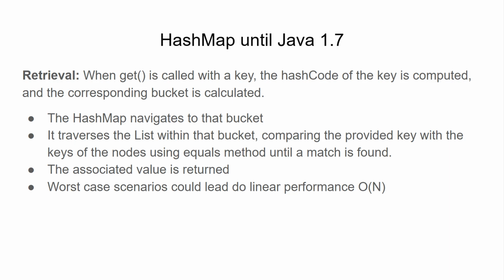The associated value is returned, and worst case scenarios could lead to linear performance. As I said, it's mandatory to create an efficient hashCode method for the key.